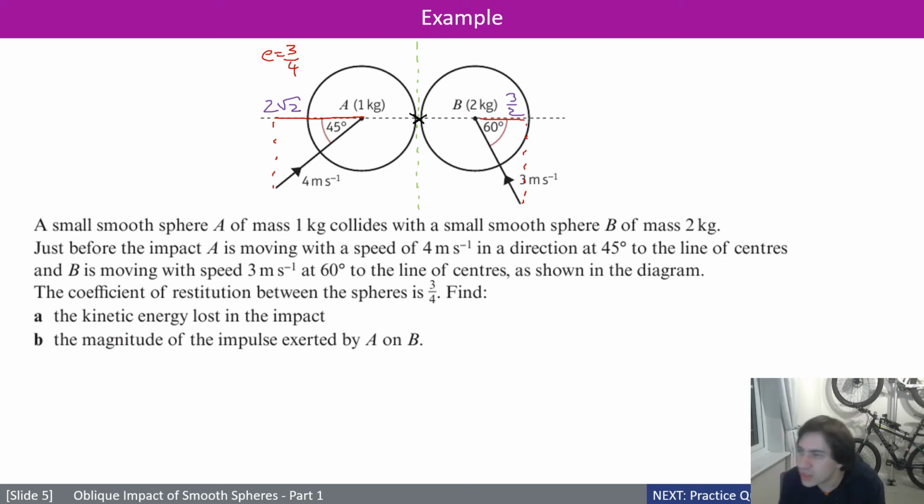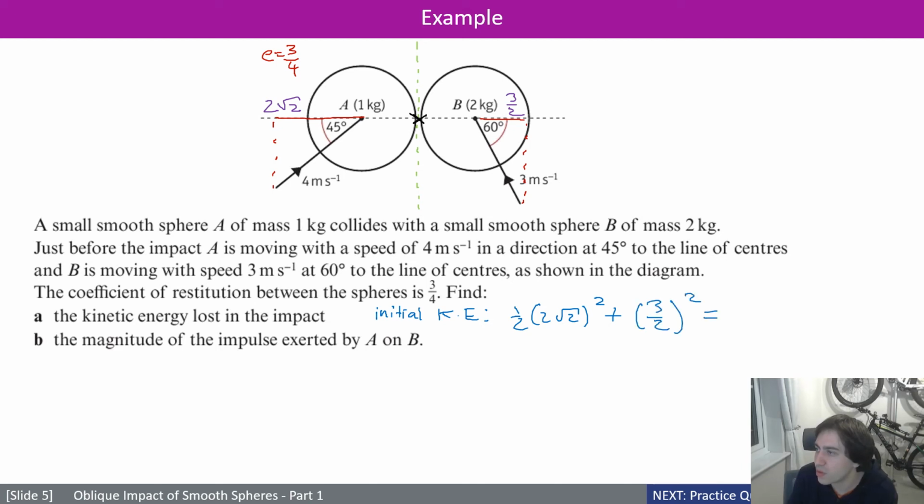So our initial kinetic energy, and let's just note it here, is going to be a half of m, which for the first one, A, is 1, so a half times 2√2 squared, plus half of 2, that's 1, times 3/2 squared, which gives us 8 times a half, 4, plus 9/4, so 25/4.